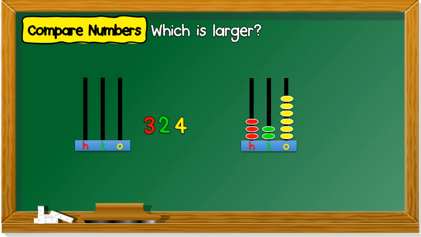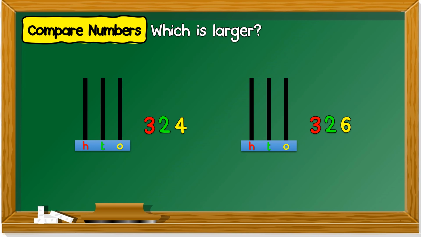The one on the right, how many beads of 100? 1, 2, 3. Beads of tens. 1, 2. Beads of ones. 1, 2, 3, 4, 5, 6. So it's 326. Wow, that's almost similar number.